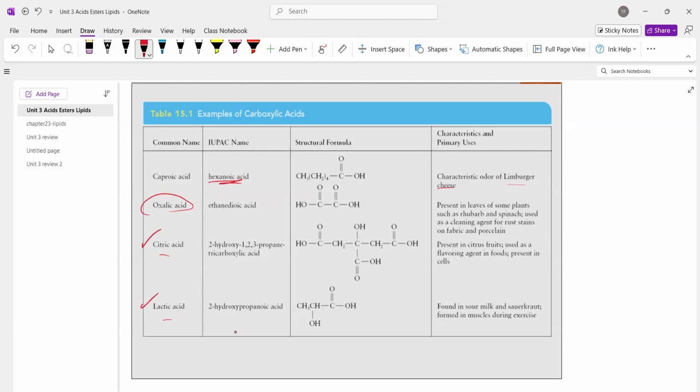Also, when you eat raw spinach versus cooked spinach, cooked spinach is very smooth. Raw spinach has got that slight grit in it, and you're experiencing oxalic acid. And it's basically a double carboxylic acid.